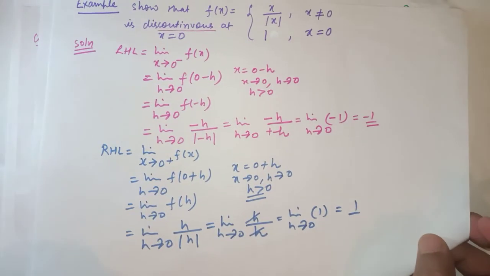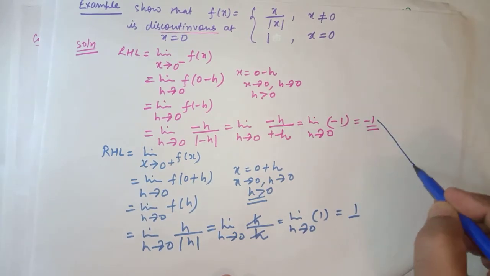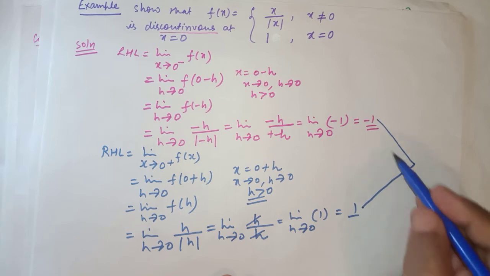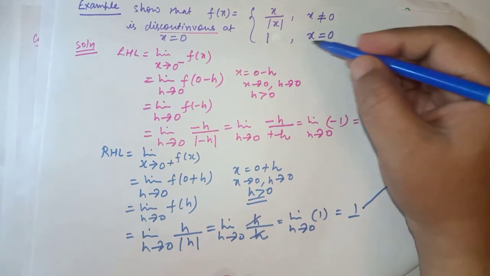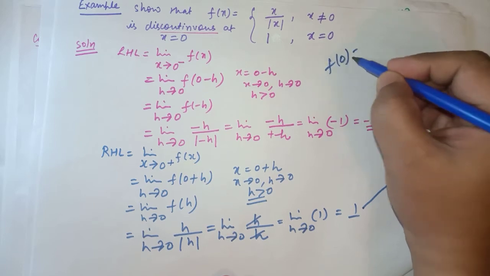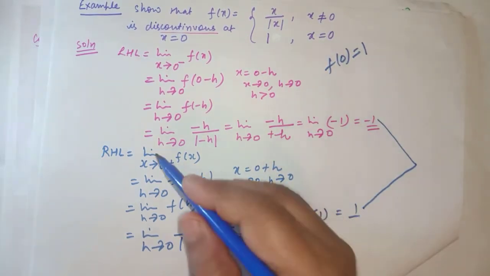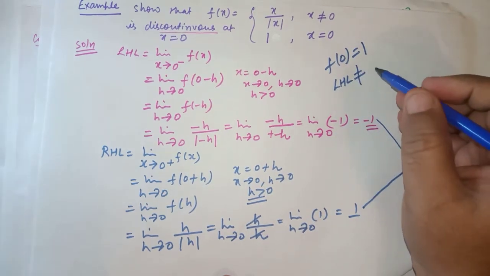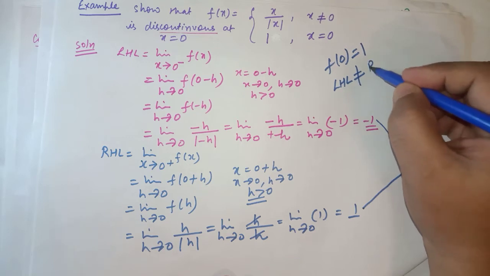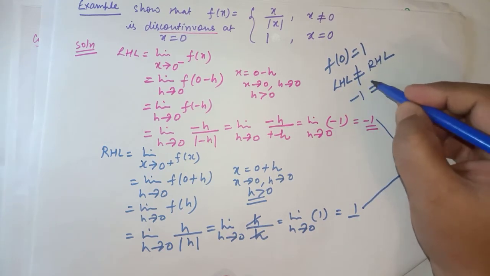So viewers, here we observe that this value and this value are not equal. Moreover, f of 0 is 1. Clear? So the left hand limit is not equal to the right hand limit, because the left hand limit is -1, which is not equal to 1.